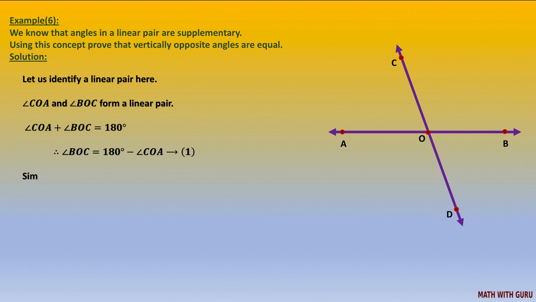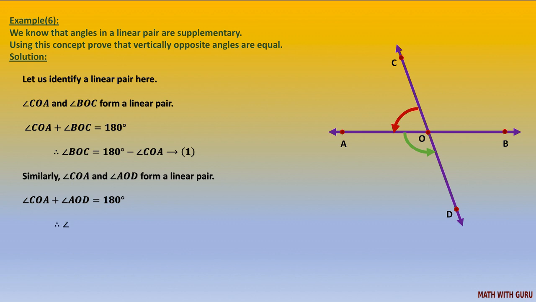Now, similarly, angle COA and angle AOD form a linear pair as well. Angle COA plus angle AOD equals 180 degrees. That is angle COA and this is angle AOD. These two form a linear pair and their sum must be equal to 180 degrees.